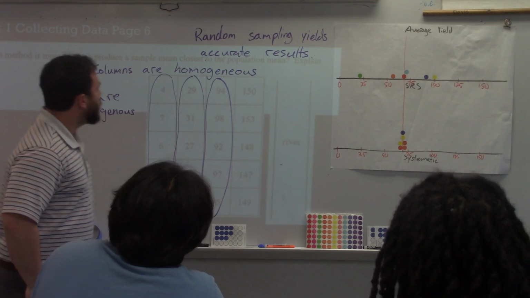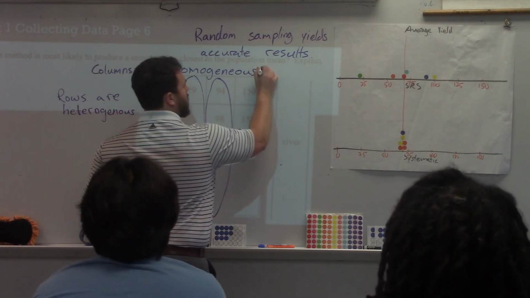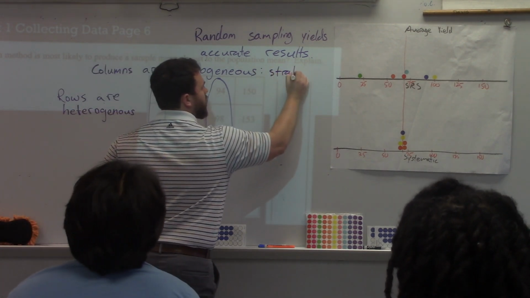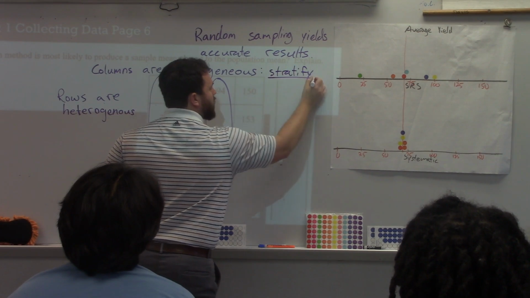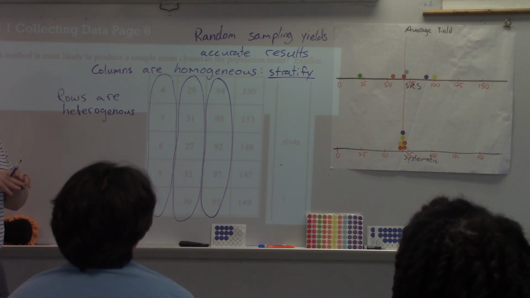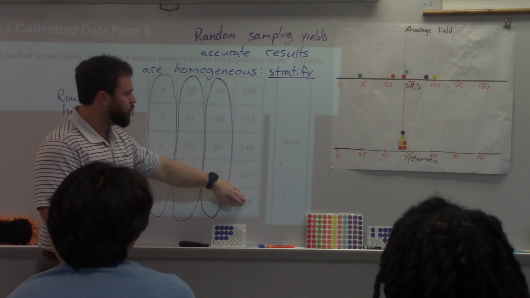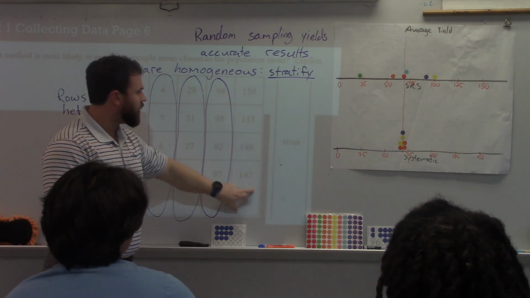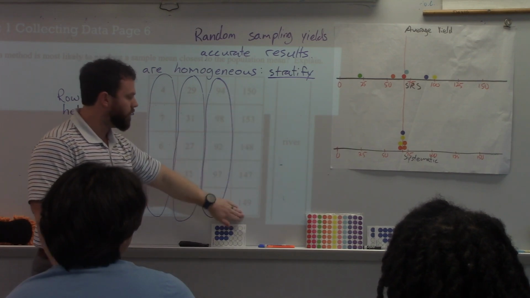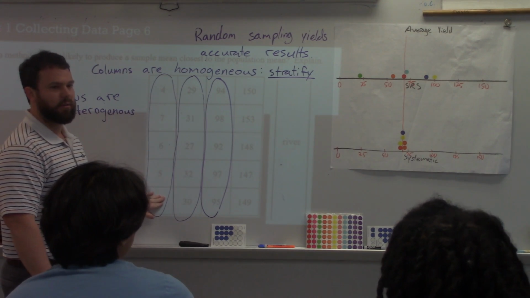So when your groups are homogeneous, stratify. That goes back to that question you had earlier, Nate, about stratified random sampling. If you have homogeneous groups, randomly select within those homogeneous groups. So we selected one from here, one from here, one from here, one from here.